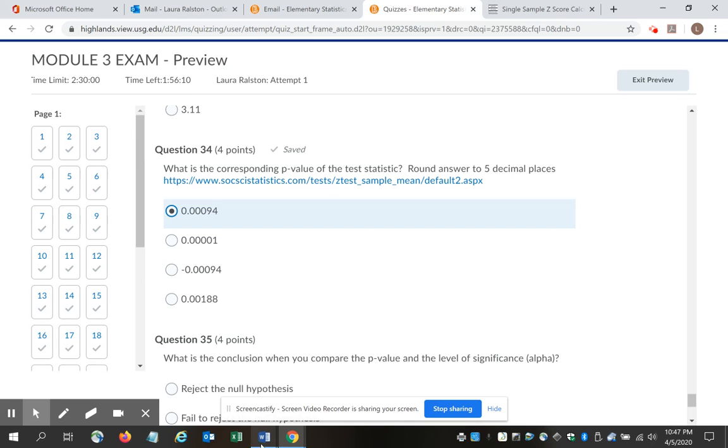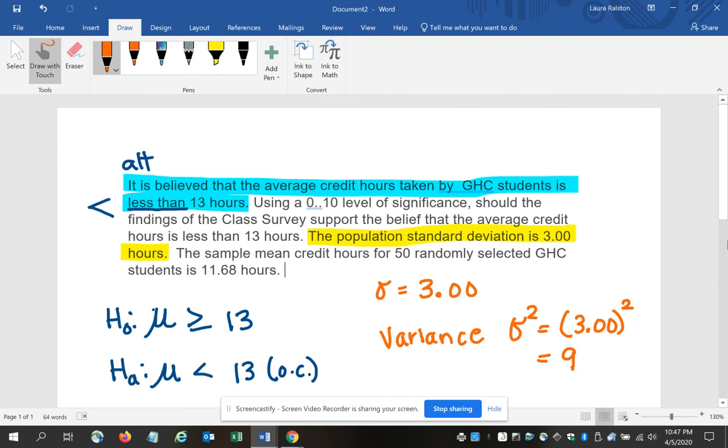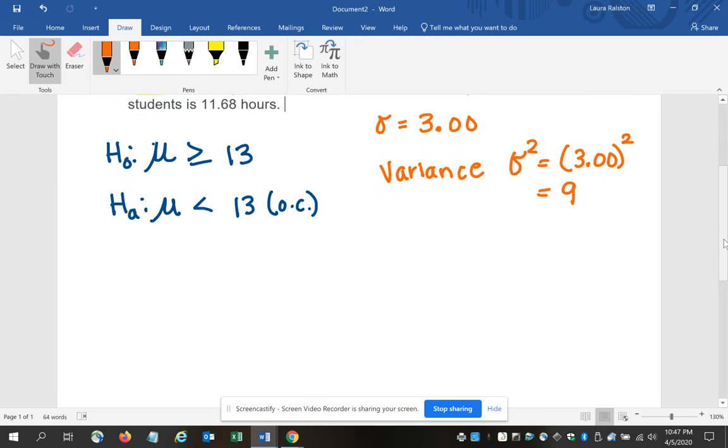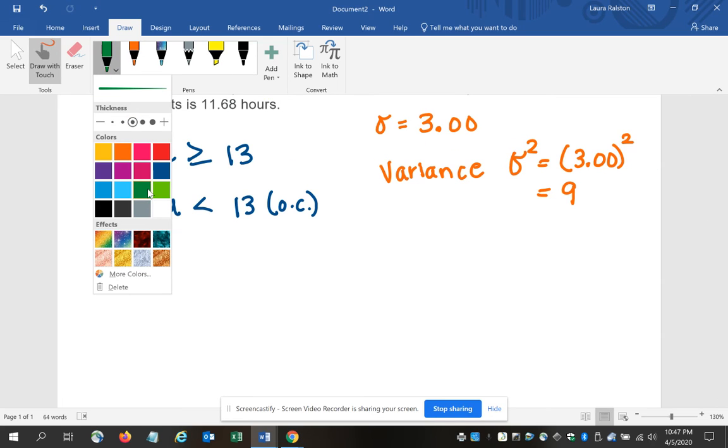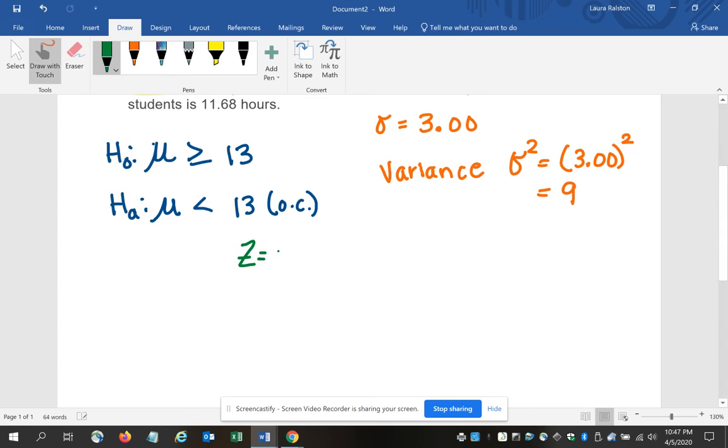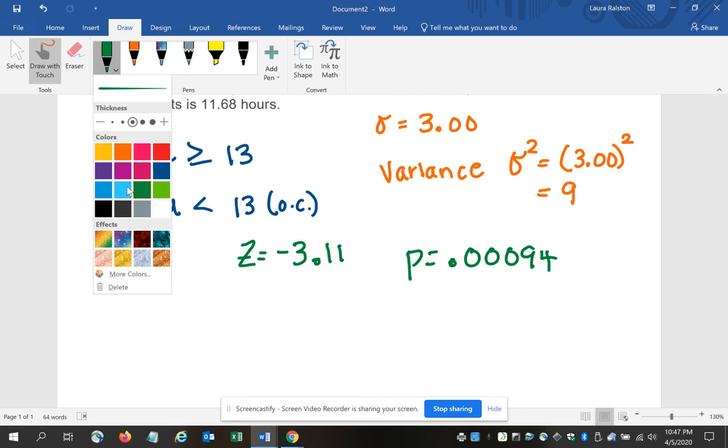Going back to my page, let's write that down just so you have it written down. We found that z was negative 3.11, p was 0.00094. We then need to compare p to alpha.